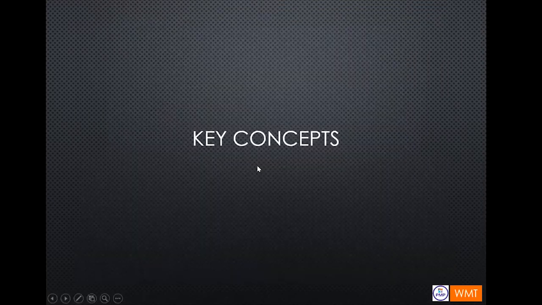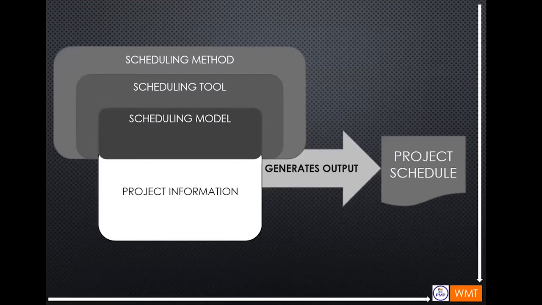So we go to the key concepts. The key concept of the project schedule management is to provide a detailed plan that represents how and when the project will deliver the products, services, and results defined in the project scope.